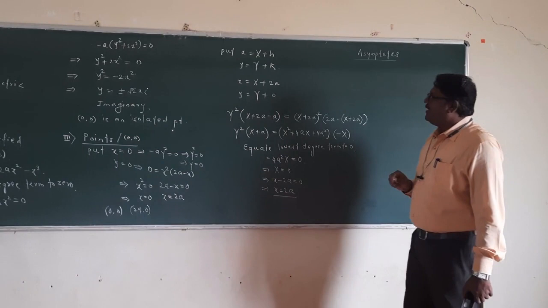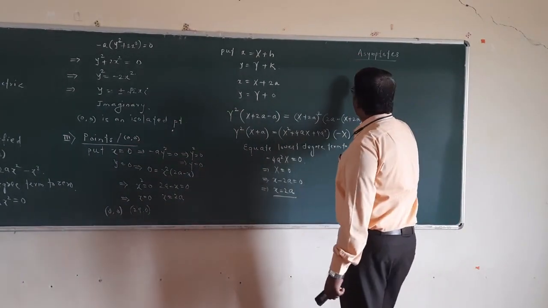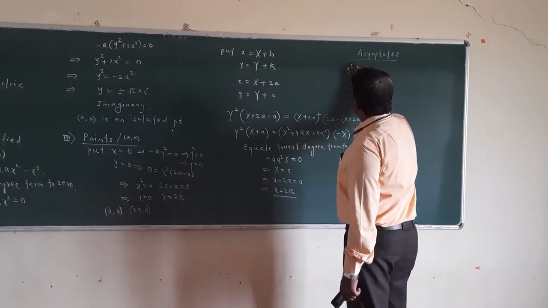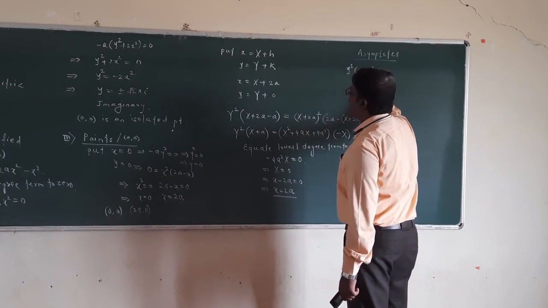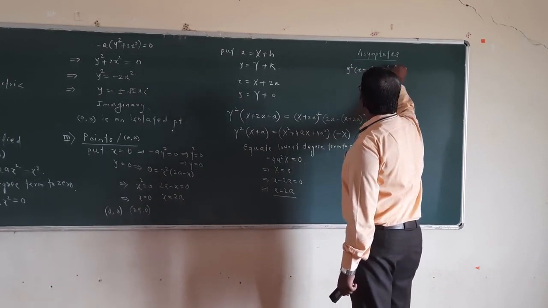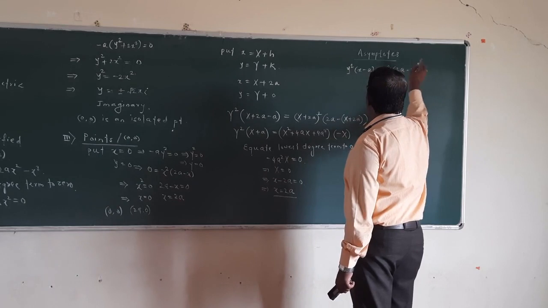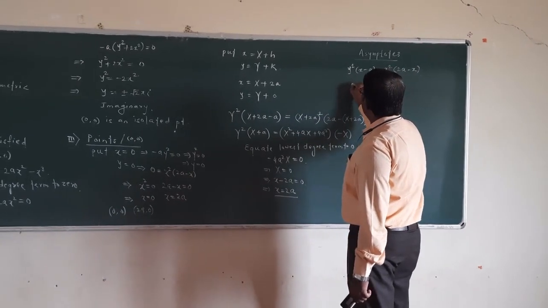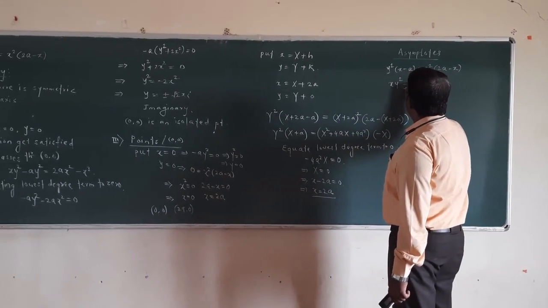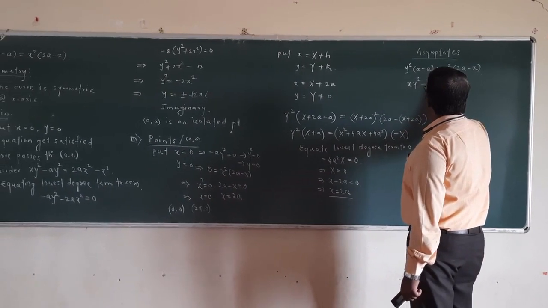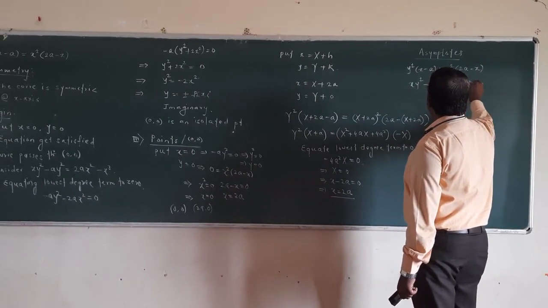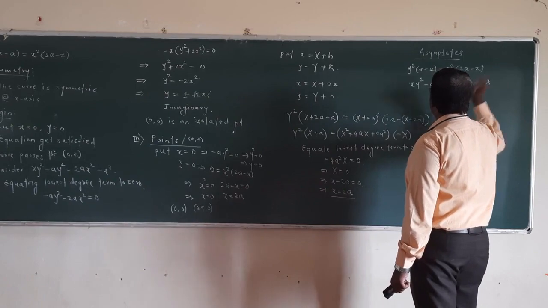So here in this equation, if I write the equation, y square into x minus a is equal to x square into 2a minus x. So this is nothing but x y square minus a y square is equal to 2a x square minus x cube.